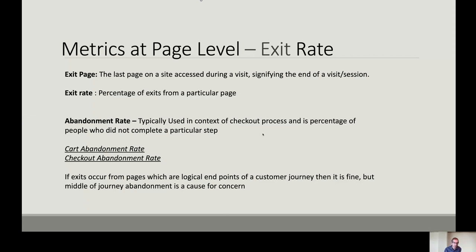On the other hand, a user may add to the cart and then after that move on to the next page, even add the delivery address, etc. But then abandon this checkout process at the point where the credit card information is to be given, right? So then this can be named as a checkout abandonment rate. So these different rates clarify what is the step at which the abandonment occurred.